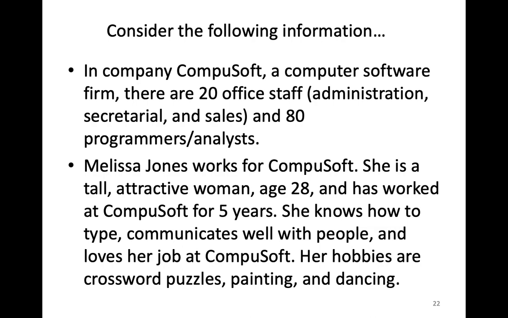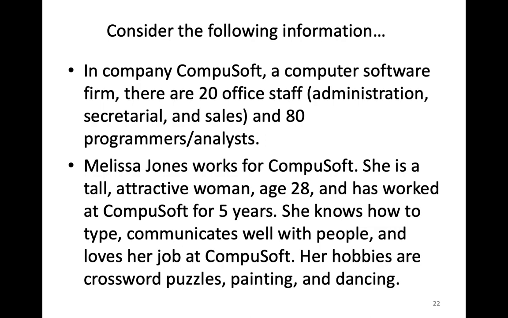Perhaps the information that she communicates well with other people made you think, well, that doesn't sound like a programmer to me. But if you really look at the other information, knowing how to type, having a hobby that's crossword puzzles, painting and dancing, this really isn't information that would be diagnostic of either one. So there's very little information here that should give you a strong feeling that she's one or the other.